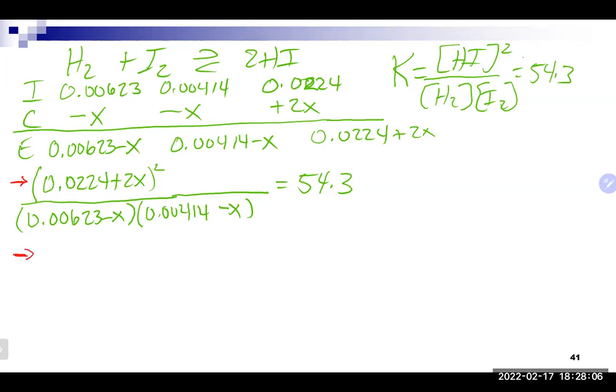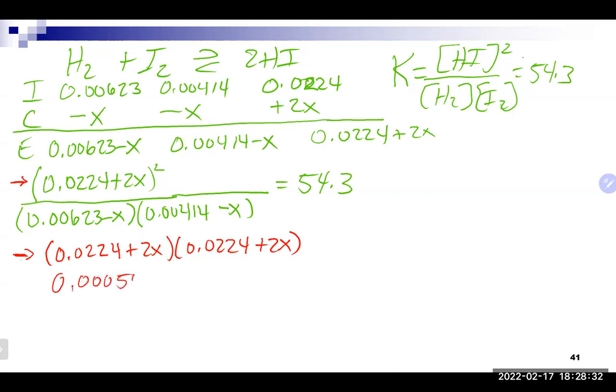Looking at the top, that is going to be basically 0.0224 plus 2x times 0.0224 plus 2x. We all know how to factor, yes? In, out, okay. So if we do all that, you end up with 0.000502 plus 0.0448x plus 0.0448x plus 4x squared.